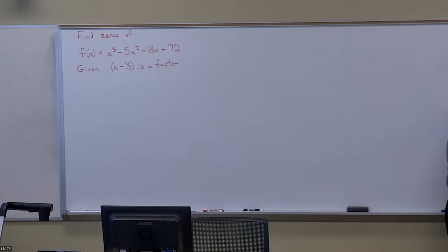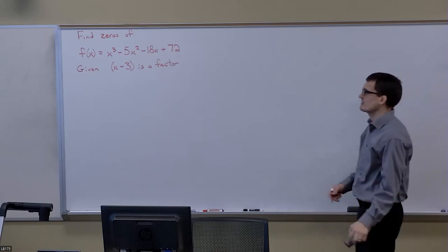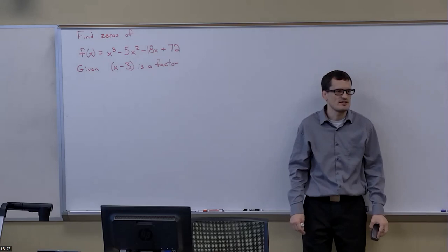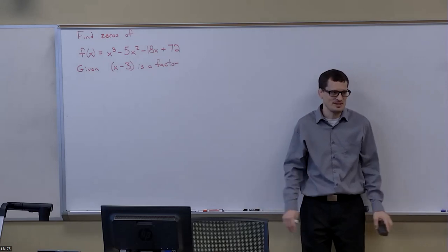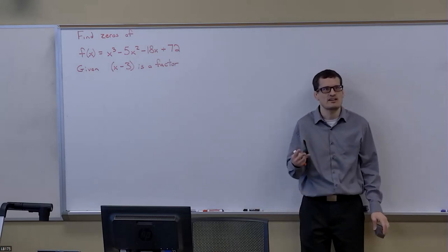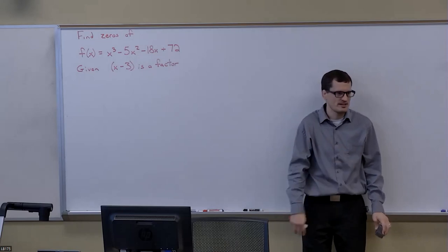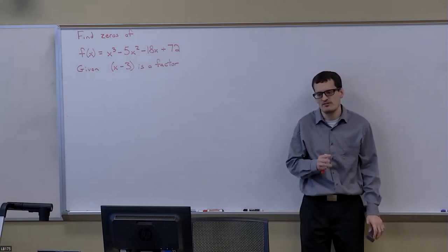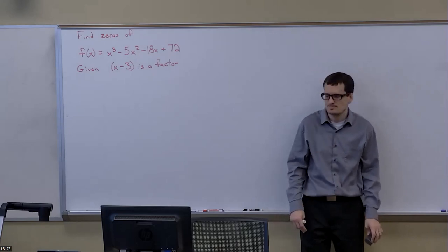By the way, how many linear factors should I expect? At least 3? Or at most 3? Yeah, exactly 3, right? Exactly 3 factors. Some of those may be repeating.